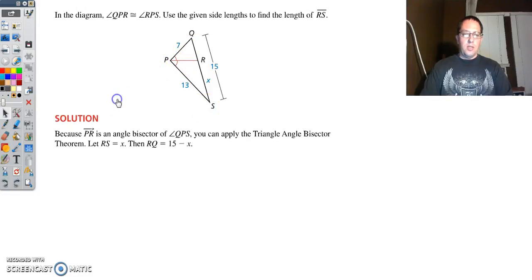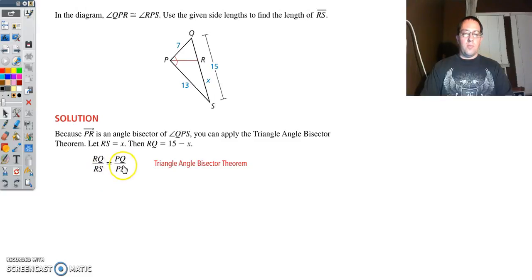Now, the problem with this is that we don't know what QR is or RS is. We don't know either one. But what we do know is that the whole thing is 15. So we can use 15 minus X and plug that in for QR when we set up our proportion.